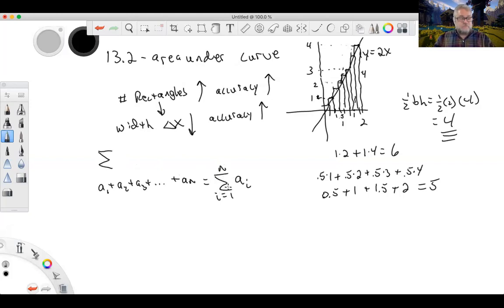Sigma means add. And so that's what we're doing here, we're summing the rectangles, really we're doing height times width, height of the ith rectangle, from I equals 1 to n.